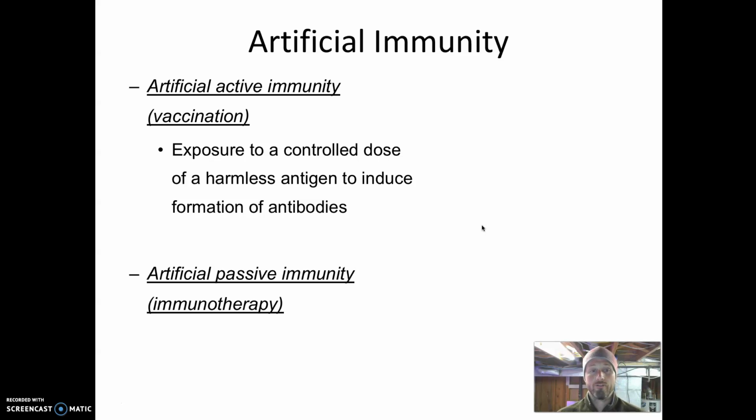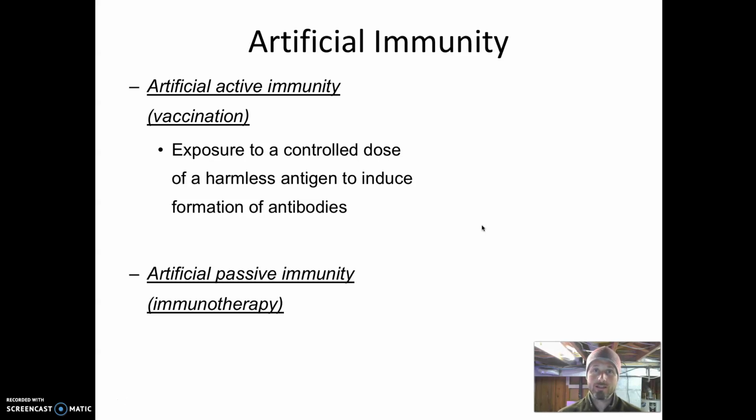All right. So how about artificial passive immunity? So again, artificial is medically induced. Passive means the person's going to receive antibodies but won't be able to make those antibodies themselves. So this is what we call immunotherapy. You might have heard these kinds of treatments referred to as like IVIG or intravenous immunoglobulin.